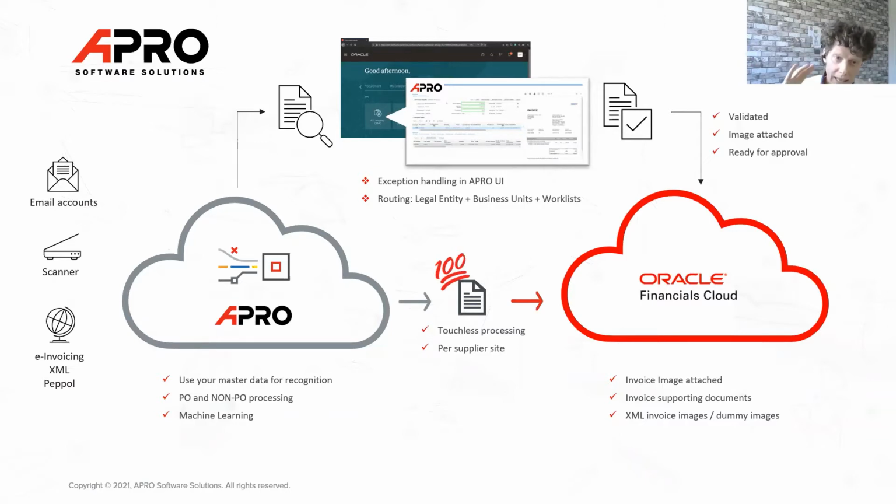Now, if you have 100% recognition, so we have all the header details, we have all the line details, then that invoice can go touchless to Oracle Financials Cloud. So meaning straight through processing. And you can be in control of that straight through processing. So if you have a look at your top suppliers, so normally that's how we start with an implementation. We ask, okay, you give us your top suppliers, and we're going to work on that recognition.